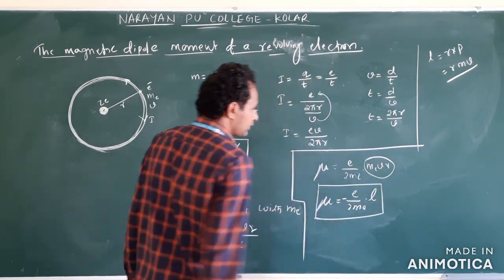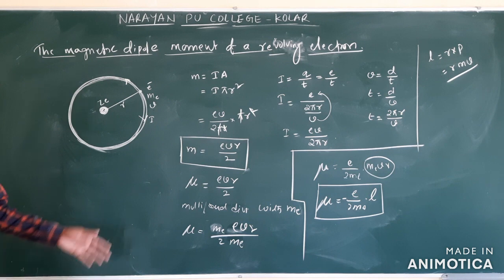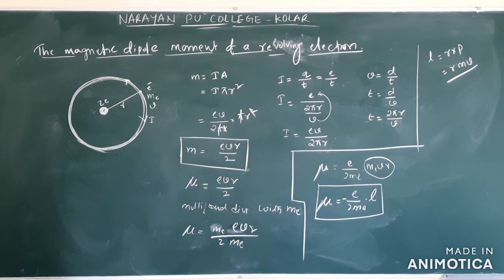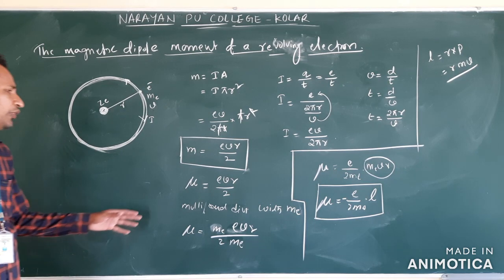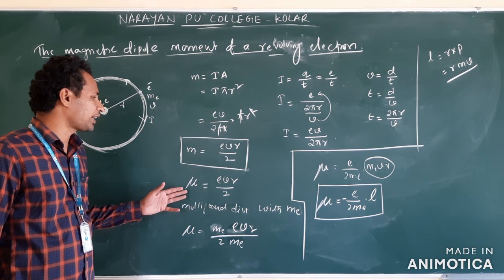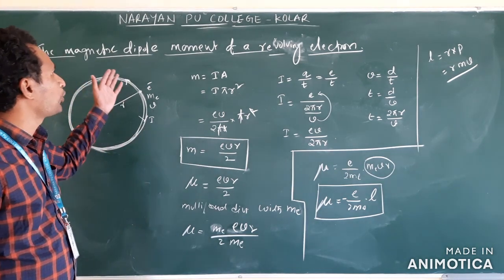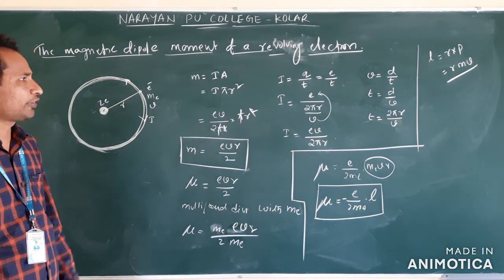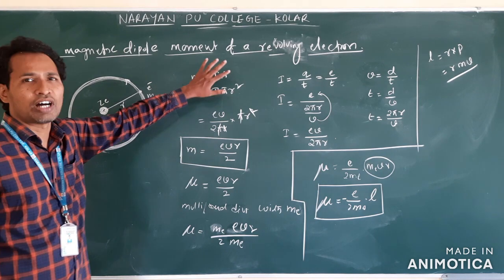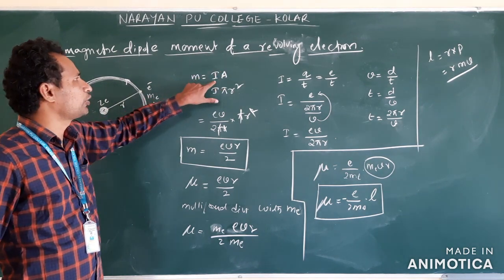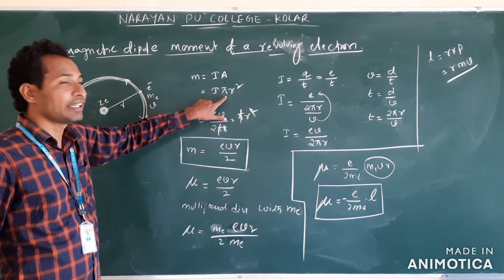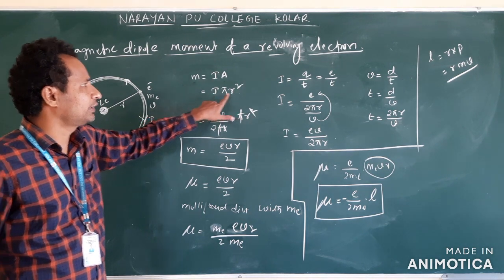Clear? Understand? So we do expect this for 3 marks or 5 marks: derive the relation between magnetic moment and angular momentum of a revolving electron, or derive the magnetic dipole moment of a revolving electron. Very simple, we follow the formulas only. M is equal to IA, A is area, I is current.